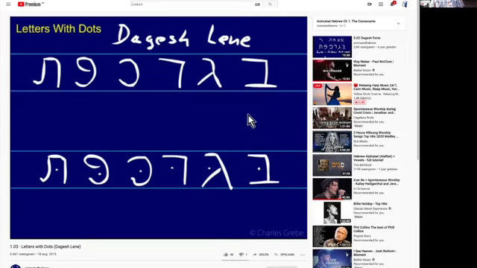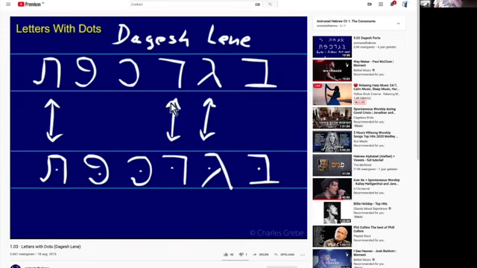Now, not all of the distinctions have been maintained over time. This one in particular is pronounced the same. They're both g, whether it has the dagesh lene or whether it doesn't. And in modern Hebrew, these two are pronounced the same. Dalet is pronounced d, and tav is pronounced t, regardless of whether it has a dagesh or not.